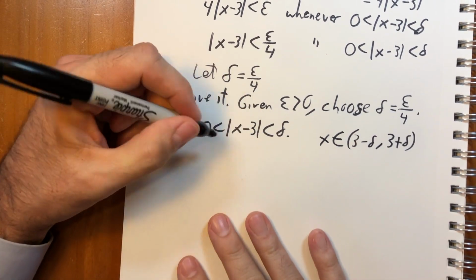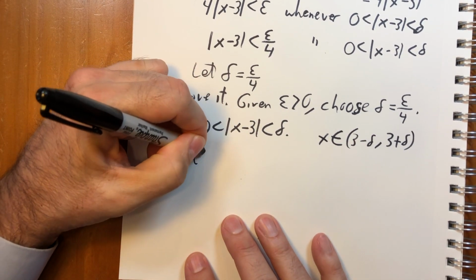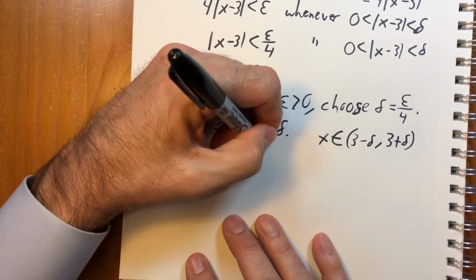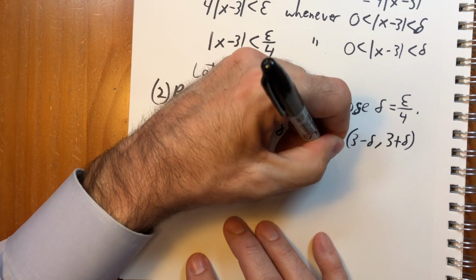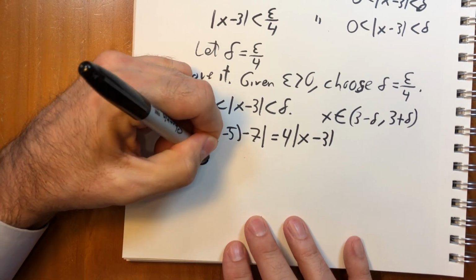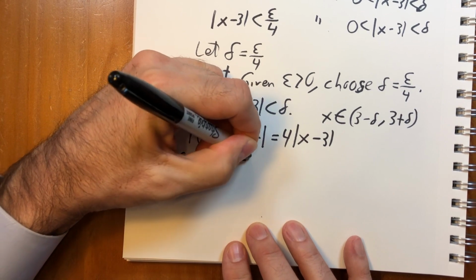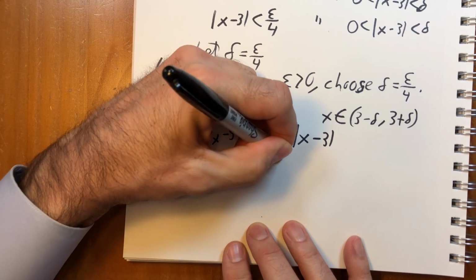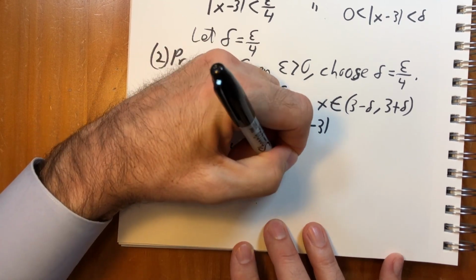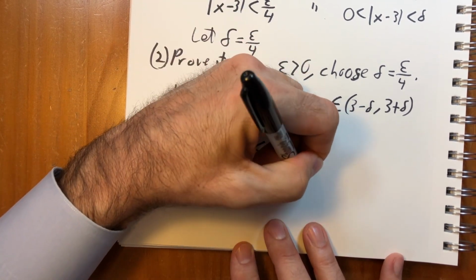Okay, so again, we showed above that the absolute value of 4x minus 5 minus 7 equals 4 times the absolute value of x minus 3. We showed that up there. So if 0 is less than |x − 3| is less than delta, then 4 times |x − 3| is less than 4 delta.